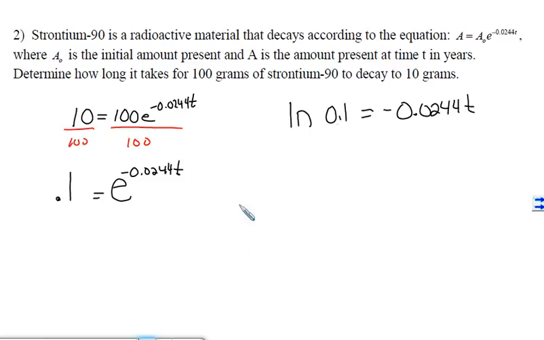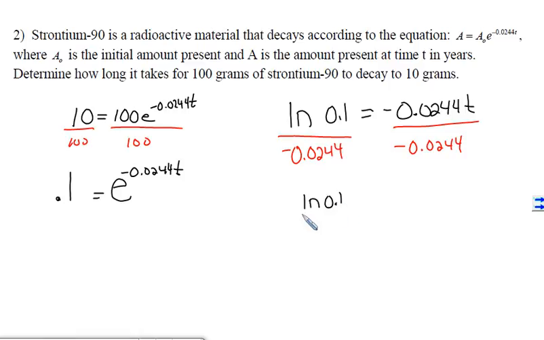Divide both sides by negative 0.0244, and when you do that, you end up with the natural log of 0.1 divided by negative 0.0244, and this equals your time.